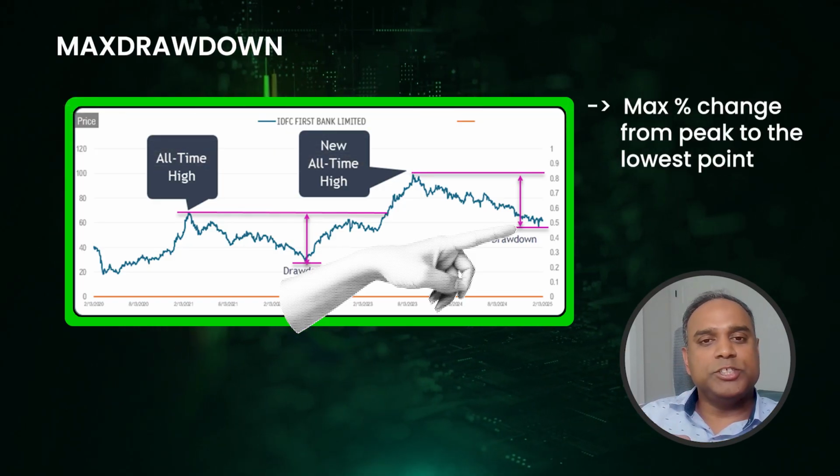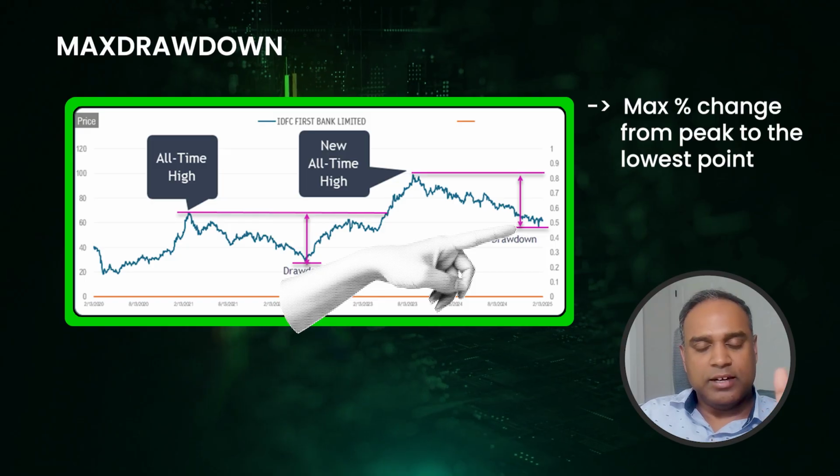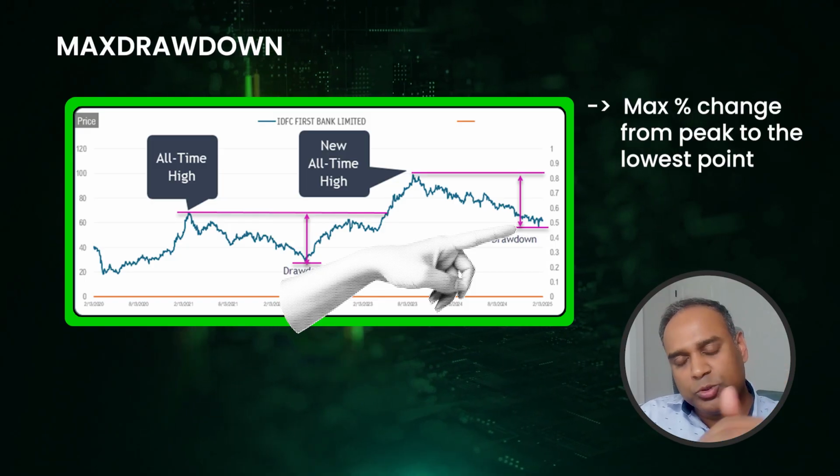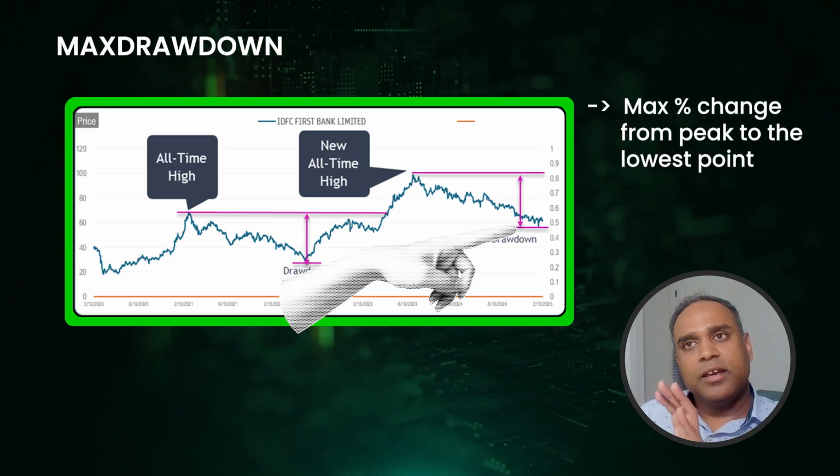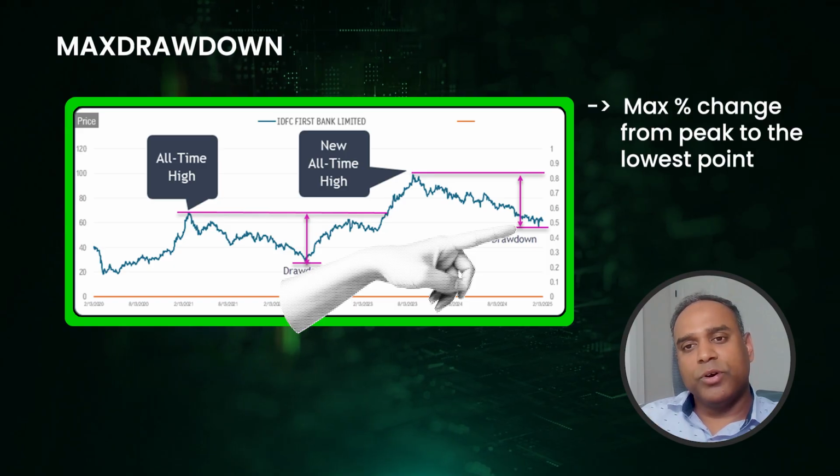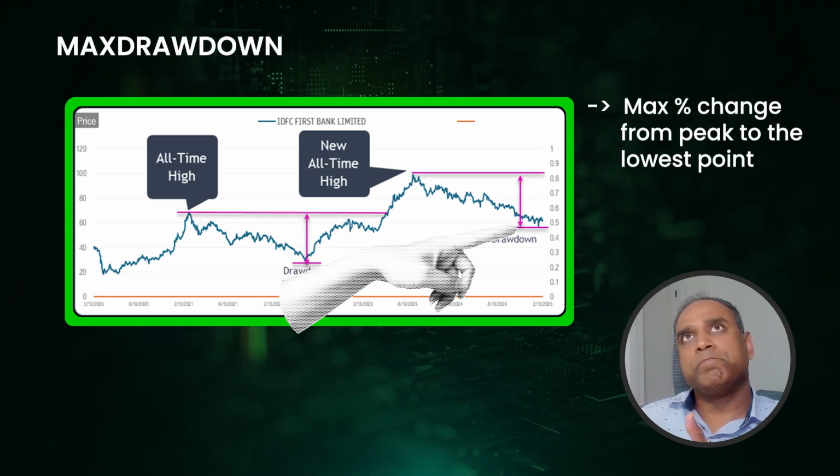Maximum percentage change from the peak, whatever was the peak, to the bottom. So this calculation gives us an idea for how steep the price can drop for this stock based on the history. If you go from an all-time high to losing 90% of its value, let's say, that's a big change.